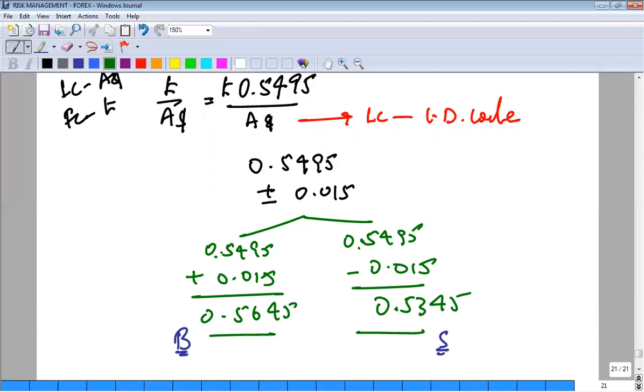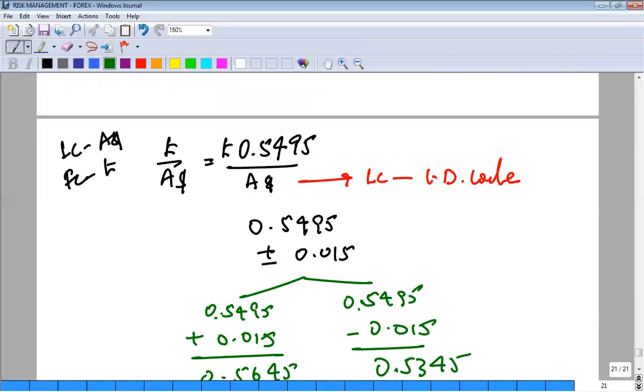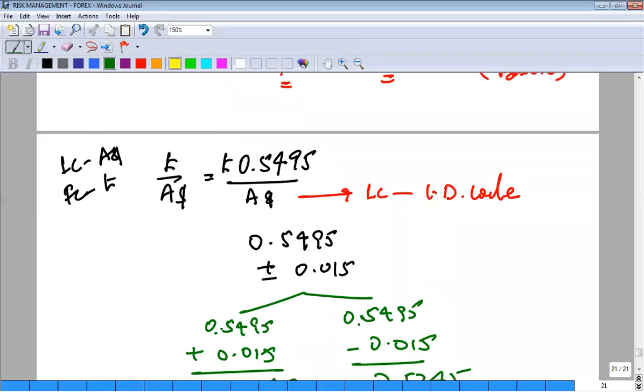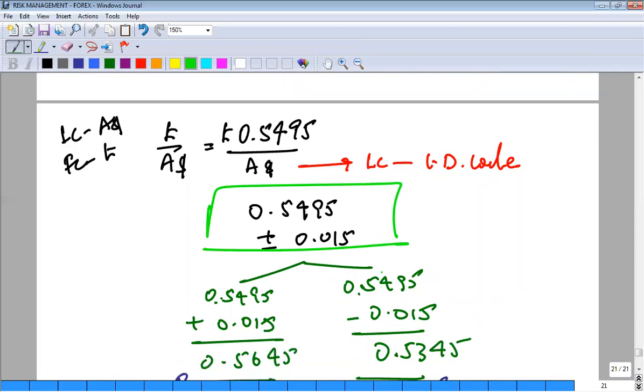That is one thing. If the examiner mentions the quotes in this manner, then you will apply accordingly, either forward or spot.